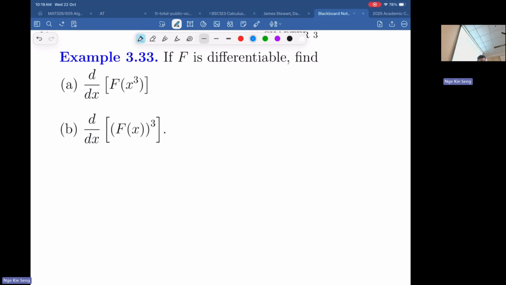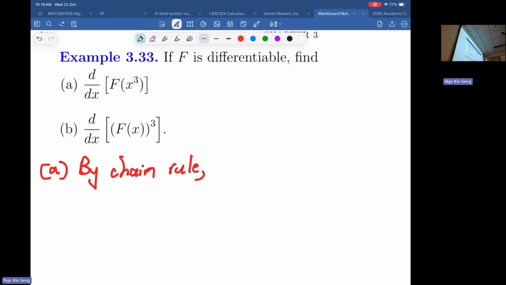Every time in this course you want to differentiate a composite of functions, you will always remember that you need to use the chain rule. Once you remember the chain rule, you should ask yourself how to set it up. You should try the chain rule, but to try it, you should set what's your y.